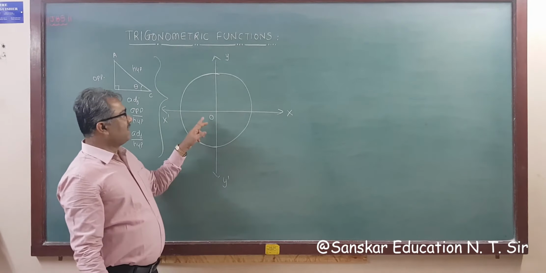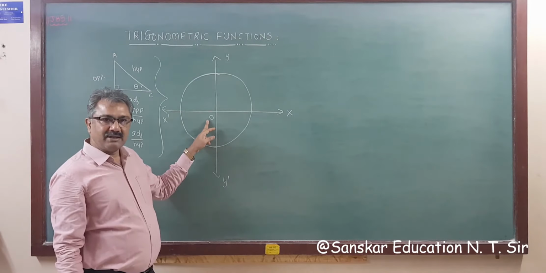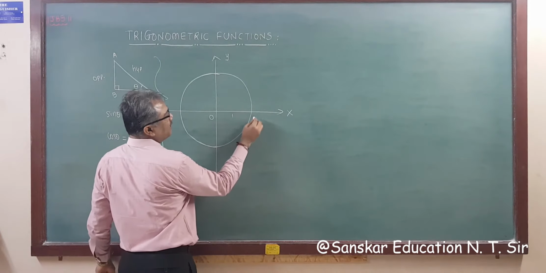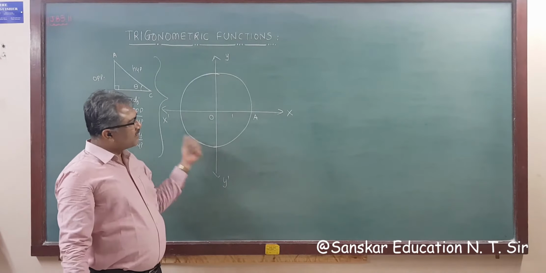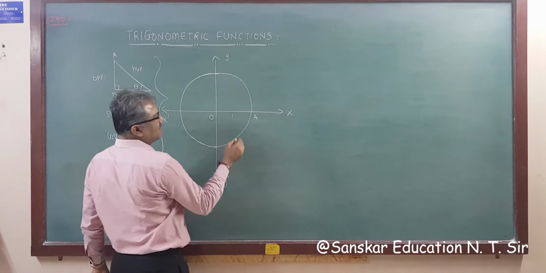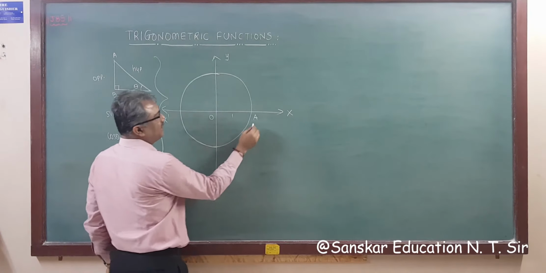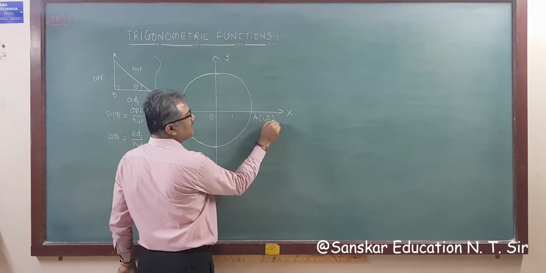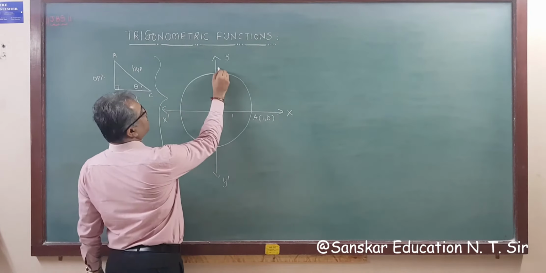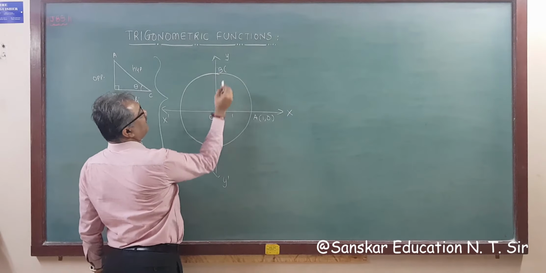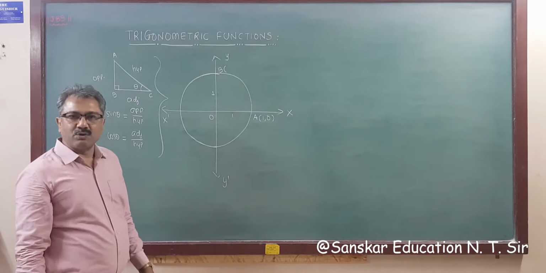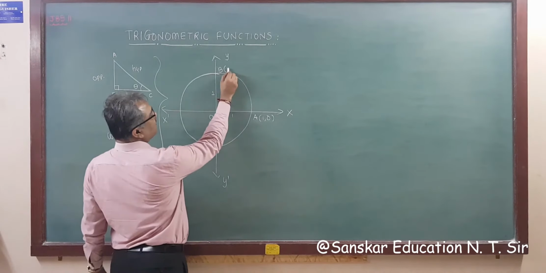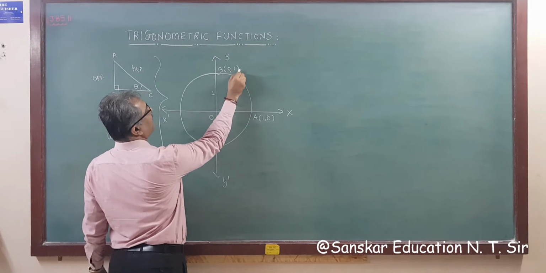Now the center of the circle is the origin and the radius is 1 unit. So if we take points on the coordinate axes, suppose this is point A and the radius is 1 unit, so this point becomes (1, 0). Suppose this is point B, then again the radius is 1 unit and the point lies on the y axis, so the x coordinate is 0, so this is point (0, 1).